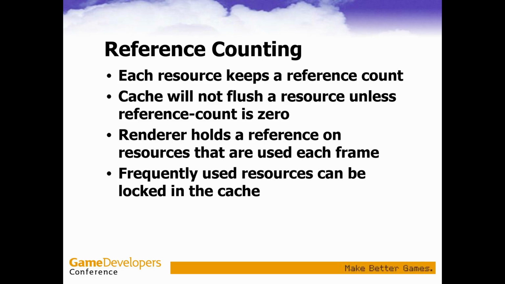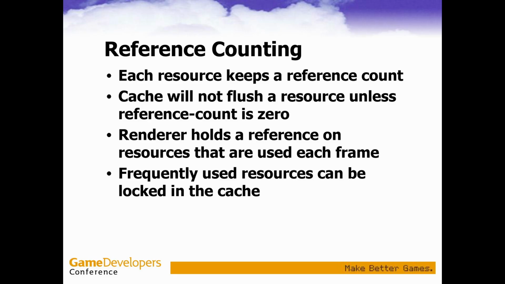So in order to effectively cache these things, we need to keep a reference count on them to determine whether they're being used or not. You never want to flush a resource if somebody's using it. So each resource maintains a reference count, and this works very similarly to probably what everyone's used to in COM or any DirectX API, where you retrieve an interface or in this case a resource, and you release it when you're finished using it.